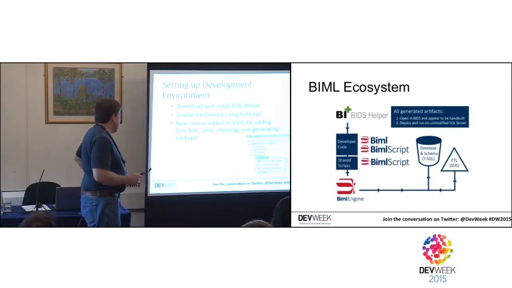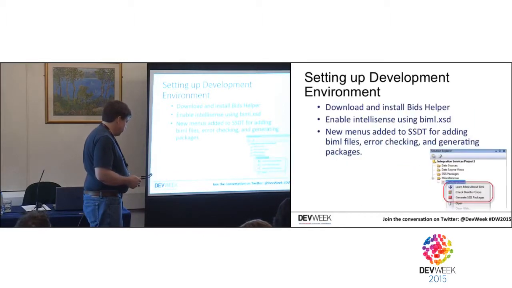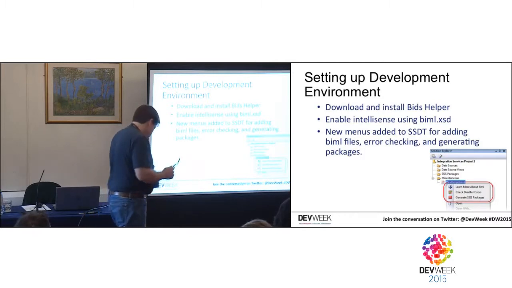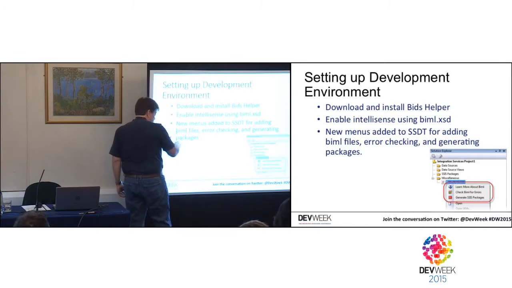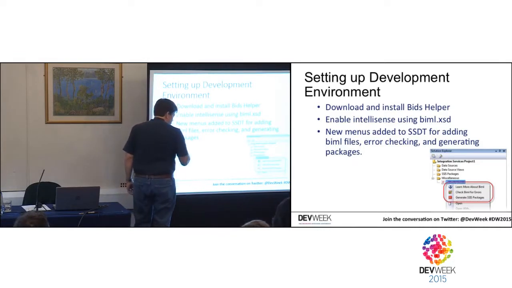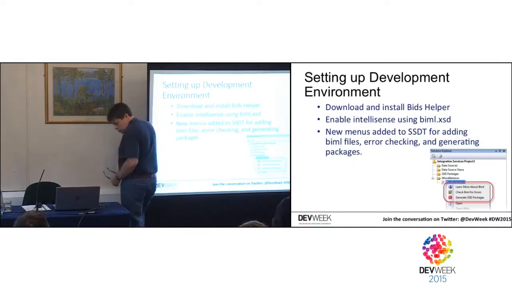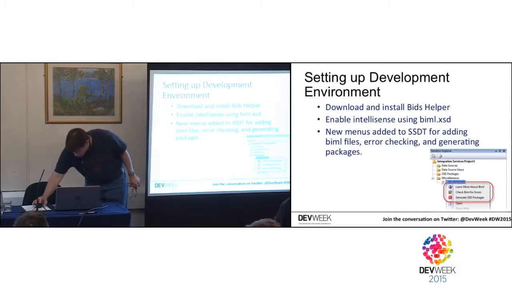And then you're going to have new menus added to the SQL Server Data Tools for adding BIML files, and then there's error checking and generating packages. Okay, so those are the steps you want to do. Install BIDS Helper, then enable IntelliSense, and then open it up and see what's going on.